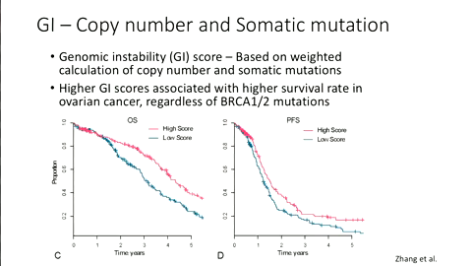So I'll move on to the next score, which is based on both copy number and somatic mutation. And this is basically a weighted calculation of the copy number and the somatic mutations. And so what they found is that a higher GI score is associated with a higher survival rate in ovarian cancer, and this is regardless of BRCA1 and 2 mutations.